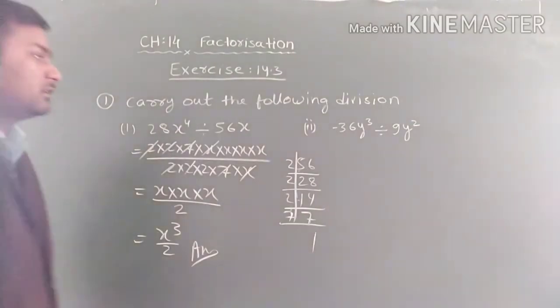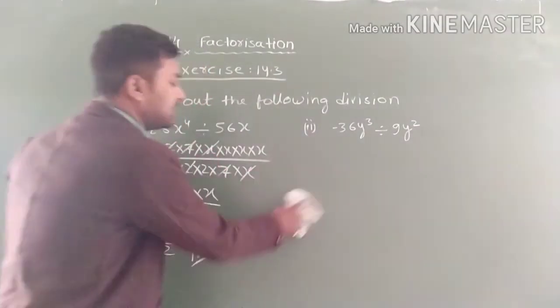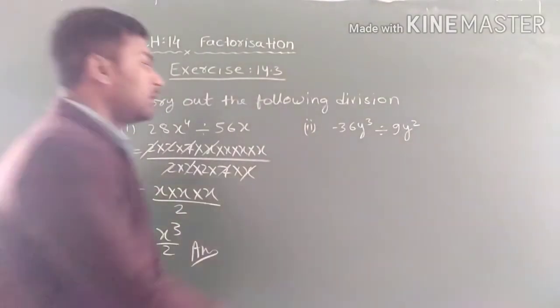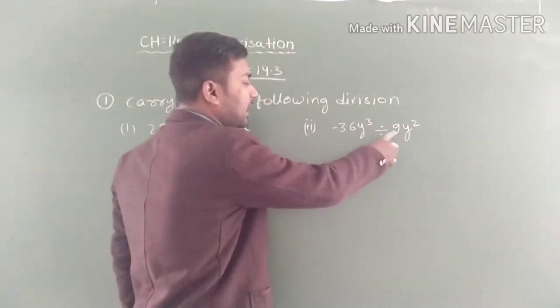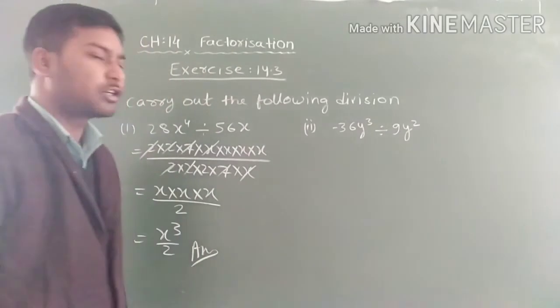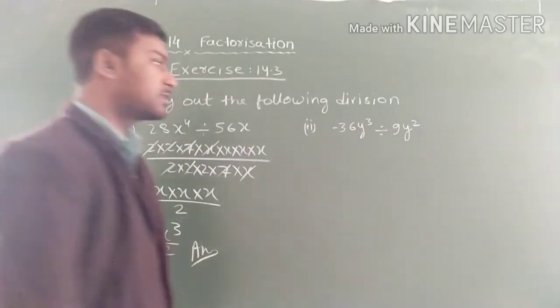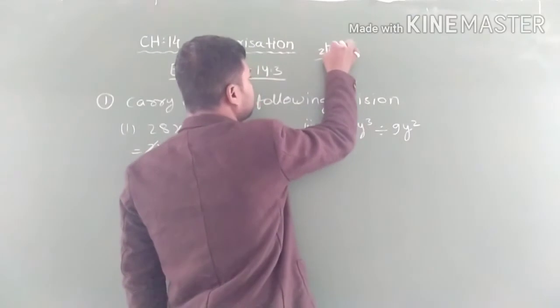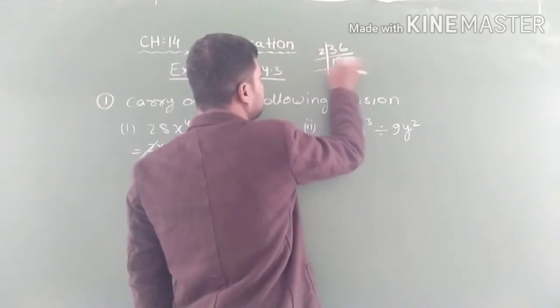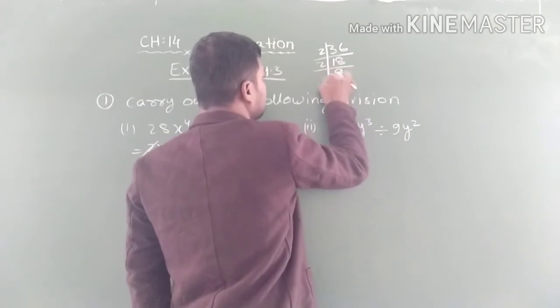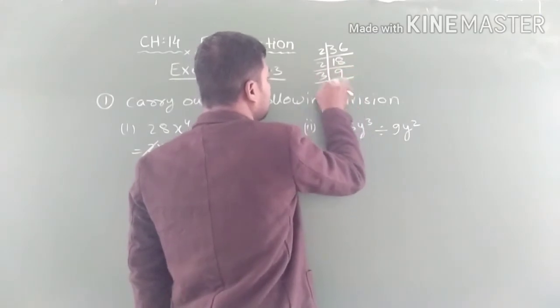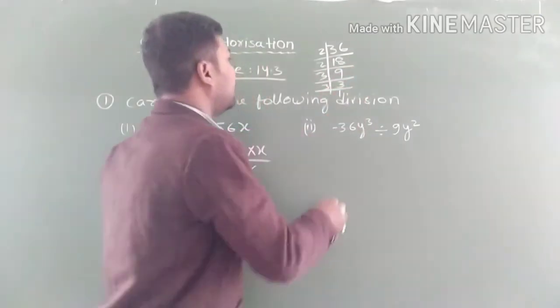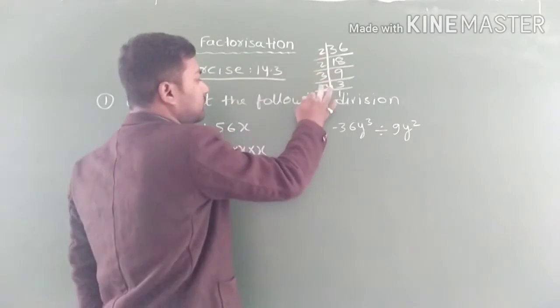Now the next question, question number 2. Minus 36y cube divided by 9y square. First of all we have to find the factors of 36. So it will be 2 into 2 into 3 into 3.